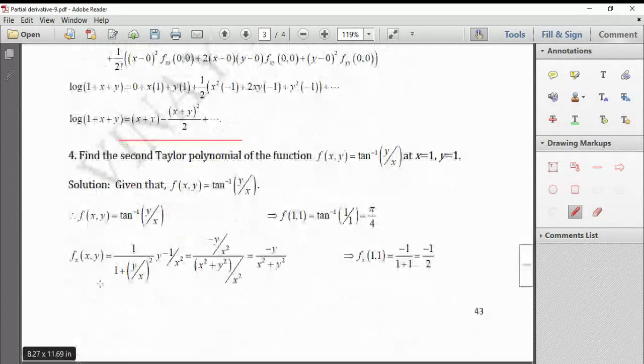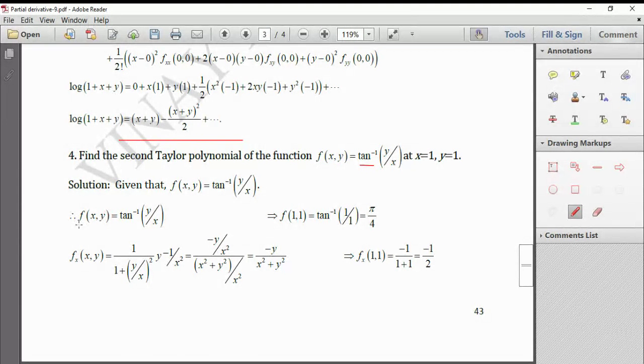Now similarly, what about the function f of xy, tan inverse y by x at x equal to 1 and y equal to 1? Now here, remember your x and y are mixed together. You cannot separate them. So you have to treat this one as function of x also, y also. But outside function is tan inverse.